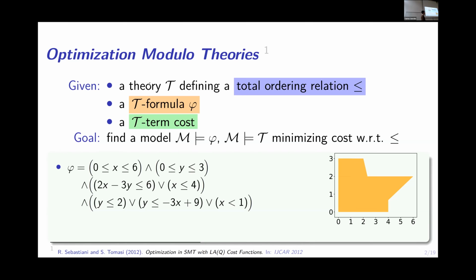Let's look briefly at an example. Let's consider, for instance, this formula. We represent here on the right the space of the solutions, so of the possible models of the formula. It's the orange region. Then we can have a term that we want to optimize, for instance, minus x plus y.